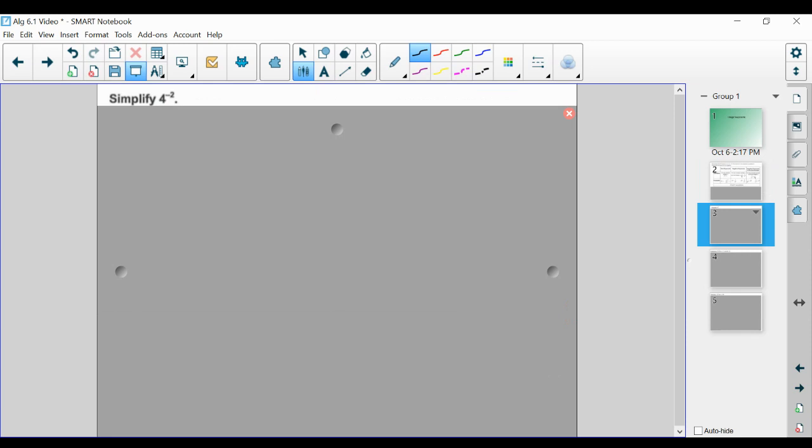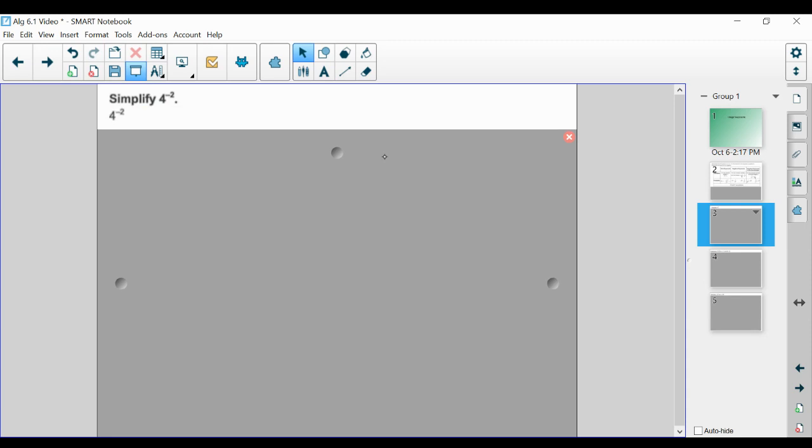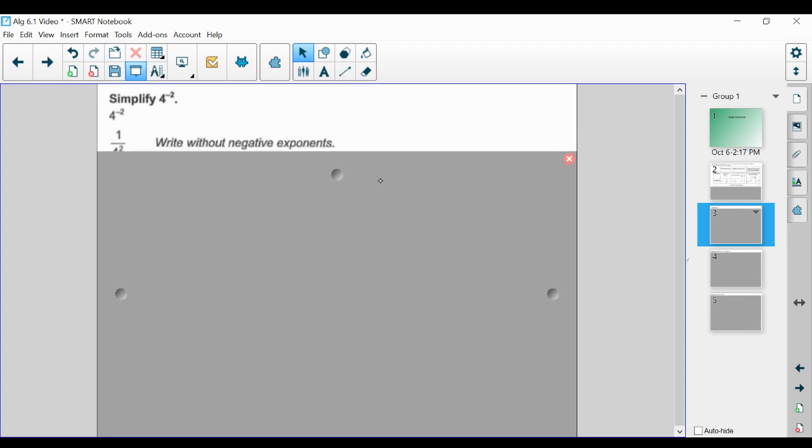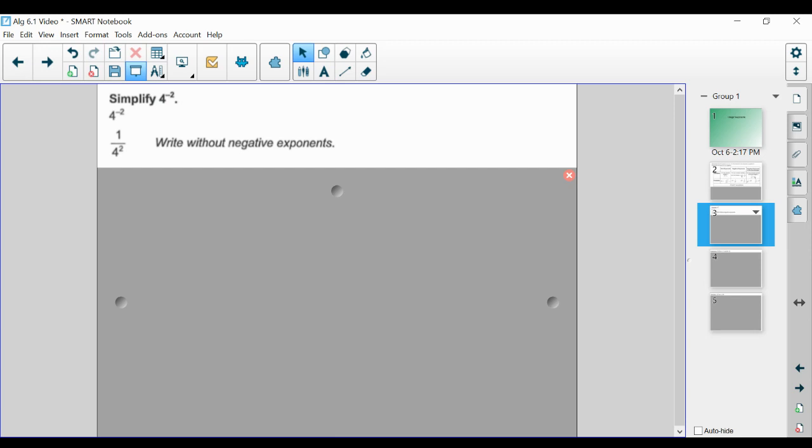Let's go through a couple of examples that are on your guide notes, but let's walk through them together. Let's say we want to simplify 4 to the negative second. Well, we have a negative exponent. So what we can do is we can write it without negative exponents. We take 4 to the negative second, that was in the numerator, we bring it into the denominator.